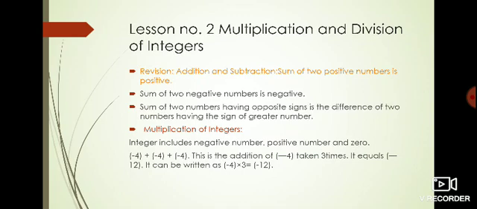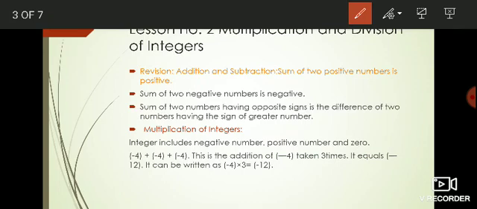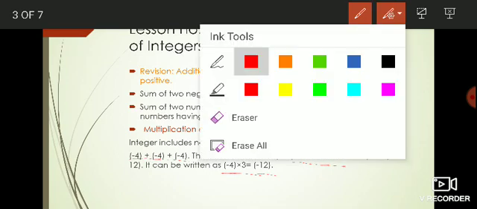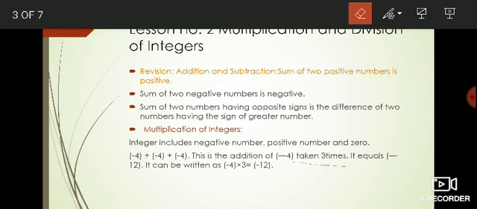This is the addition of -4 taken 3 times, and it is equal to -12. It can also be written in the form of multiplication, because we took -4 three times here. That's why -4 three times means multiplied by 3. -4 into 3 is equal to -12.